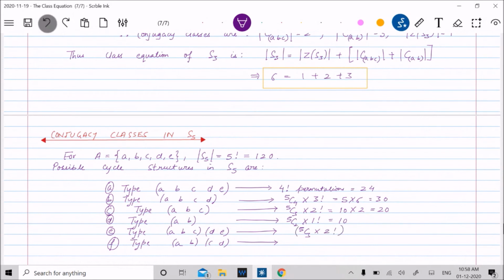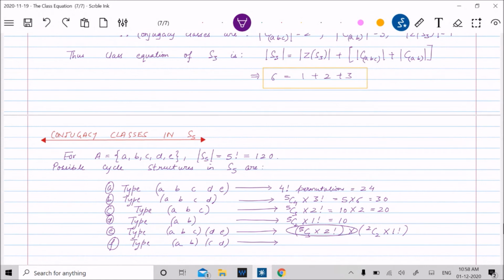And for this, you actually have no option to choose. You have only 2 objects left. You have to choose both of them because 3 have already been chosen. Then you arrange them in 1 factorial way. So this is the complete list you can have. Is it clear to all of you? Did you understand this? This is for this one, this is the explanation.